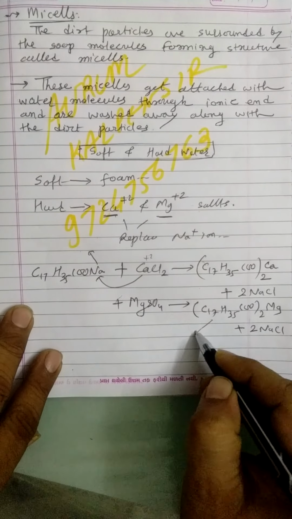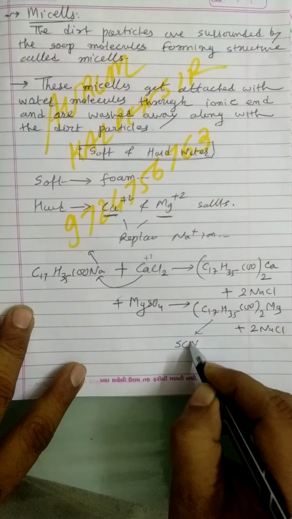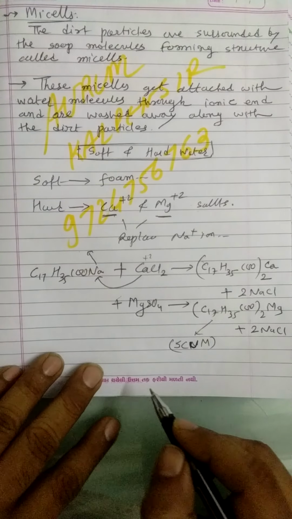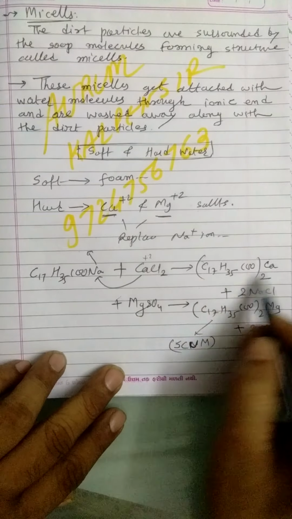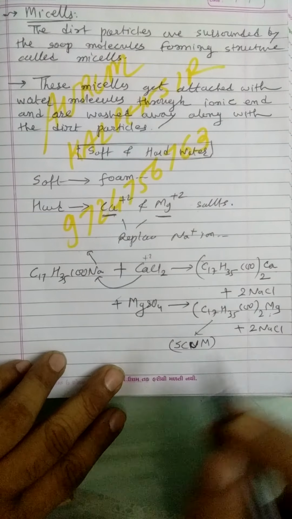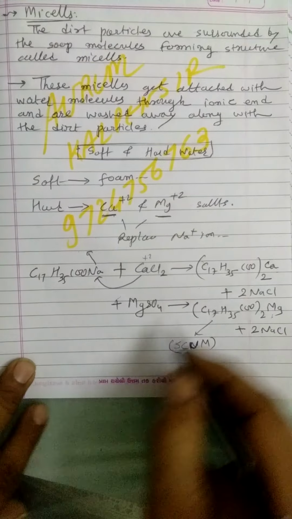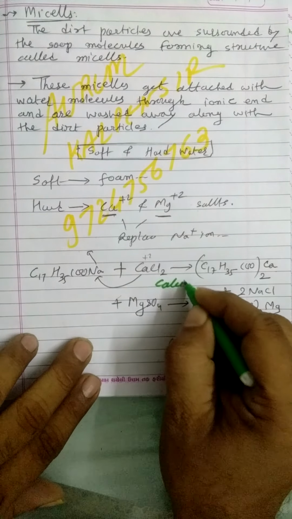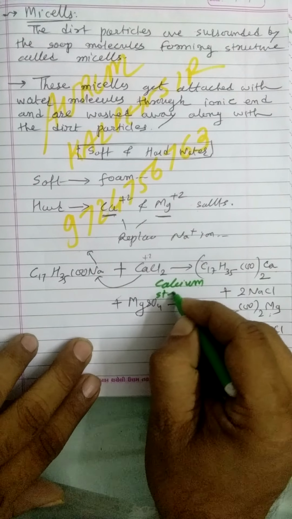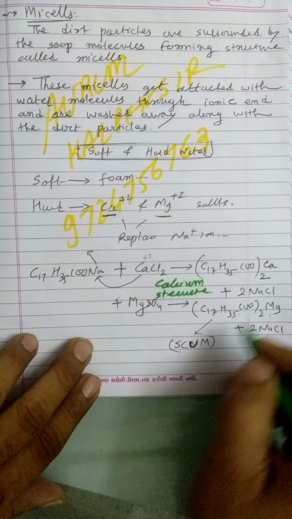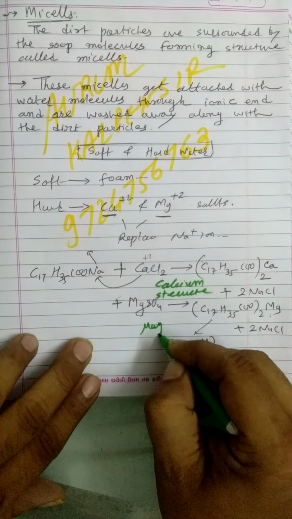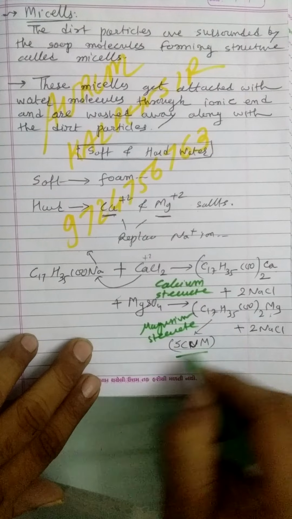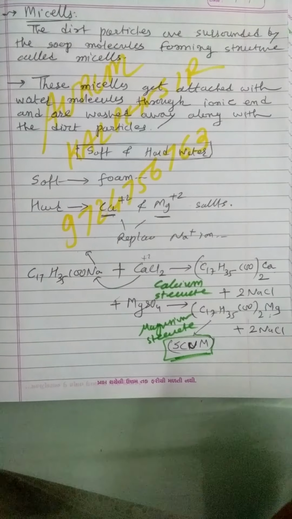These structures are called scum. They are curdy precipitates: calcium stearate and magnesium stearate. The common name for them is scum.